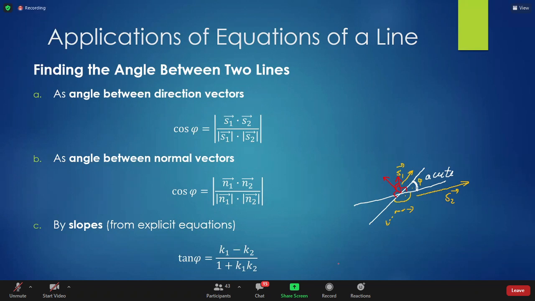That is, if we have one line, y equals k1x plus b1, and the second line, y equals k2x plus b2. So k1 and k2 are the slopes. You can use these slopes, which are tangents of the angles between the line and the x-axis, to get this.